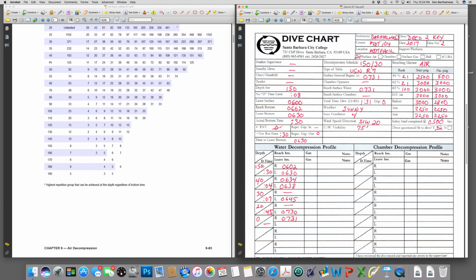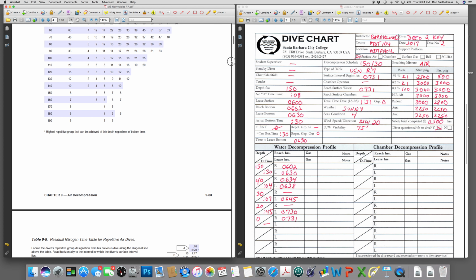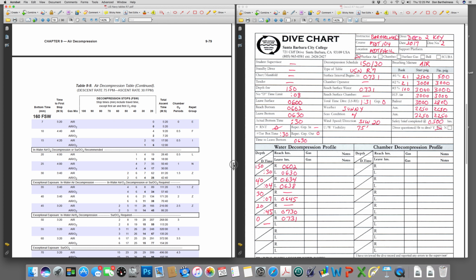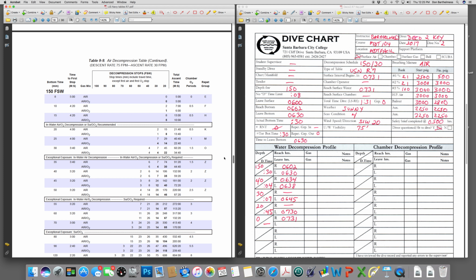Okay, we're going to write down our stop schedules. We need to find those, so we come down on the standard air decompression table, and we're looking for 150 feet for 30 minutes. Bottom times are listed on the left, and we can see that we have required water stops. This is air only decompression. We're not doing in water air or oxygen, and we're not doing surface decompression.